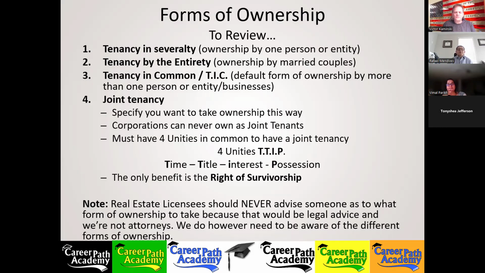Okay. Which of these forms of ownership can you leave your shares in a will to somebody?